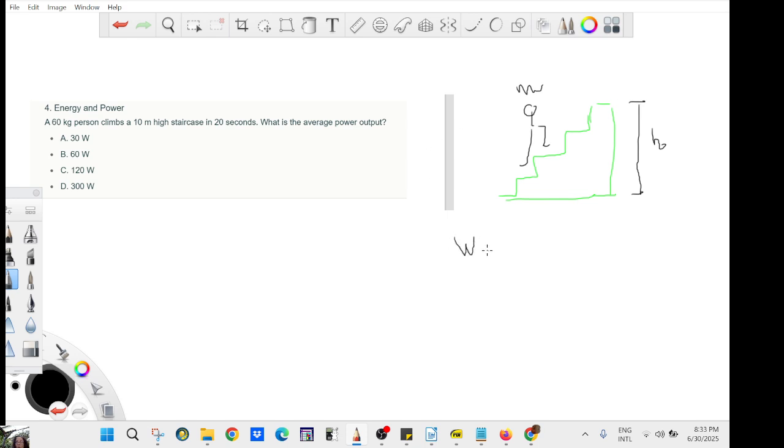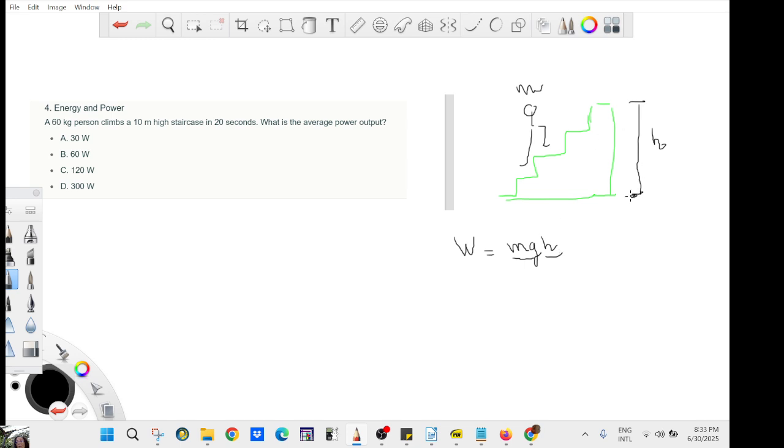So that will be the height, and the work done against gravity. The work that you are doing against gravity is just the change in potential energy, which is mgh. Because you have to lift your own weight, or you can think of that as work is the force times the displacement.